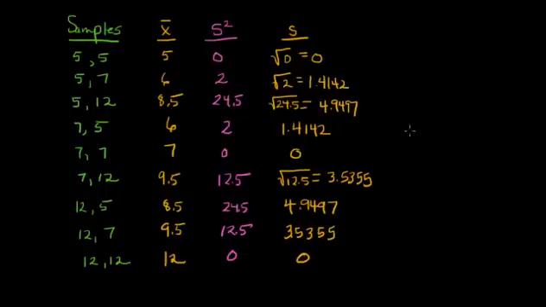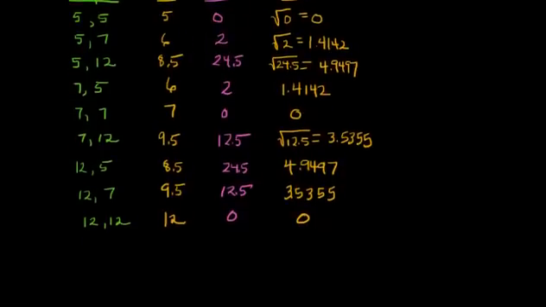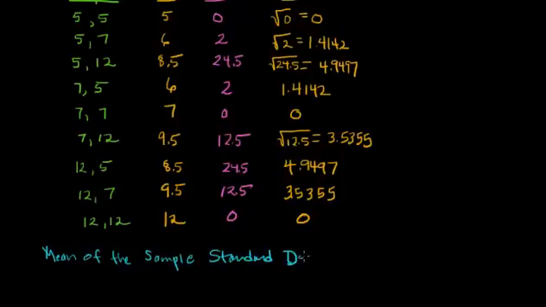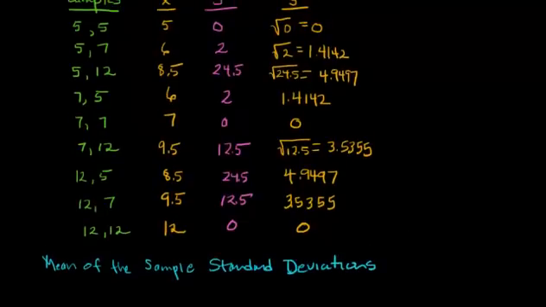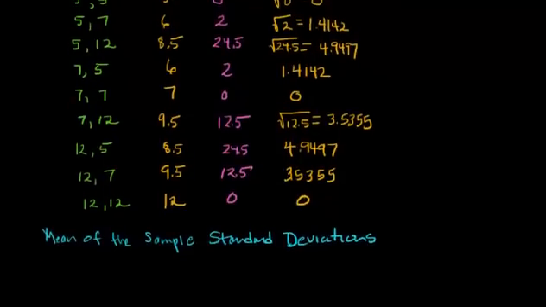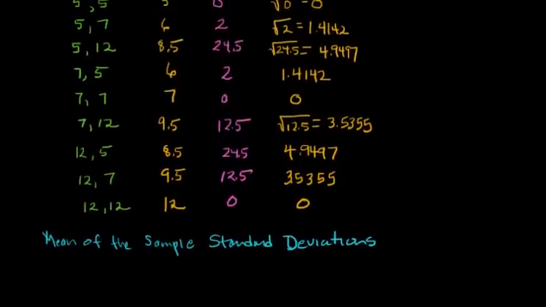Okay, so as we've done before, we can now calculate the mean of the sample standard deviations. One way to do that is to add all the ones that we obtained up and divide by the number we have. And recall we have 9 samples.